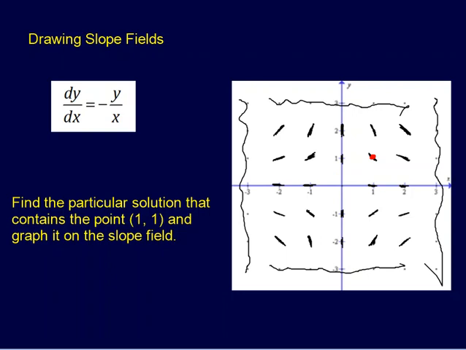Now what we want to do is use the directions in the slope field to guide how you might predict the curve would go if it were to go to the left or right of that point. The first thing I notice is that point has a -1 slope on it. So if I move immediately to the left, it's going to have to go up. And if I move immediately to the right, it's going to have to go down.